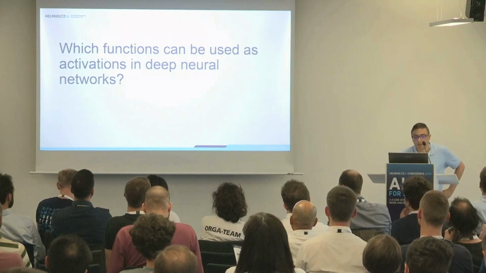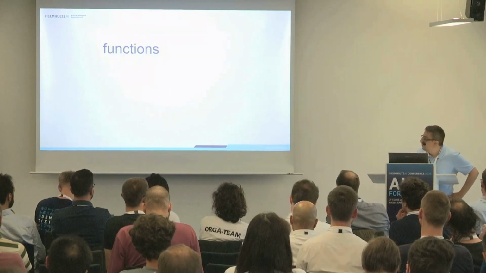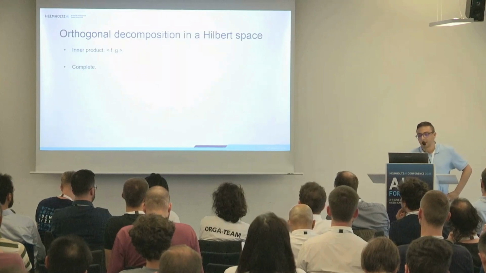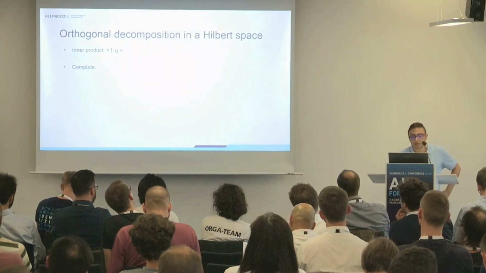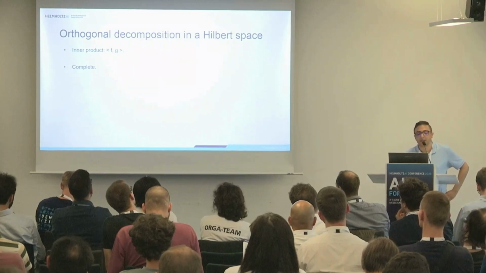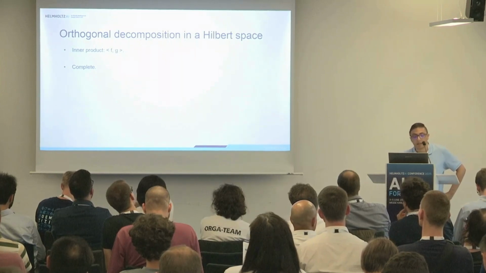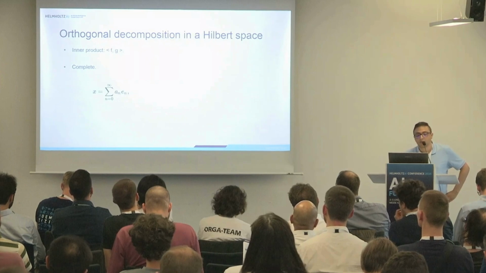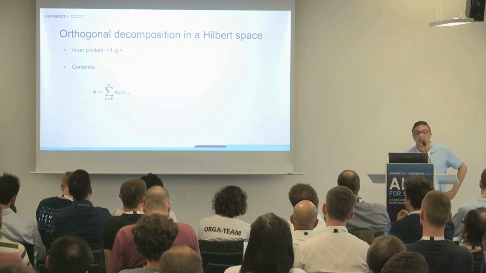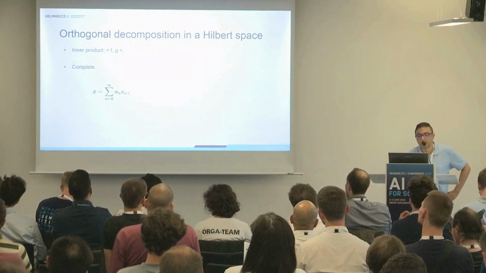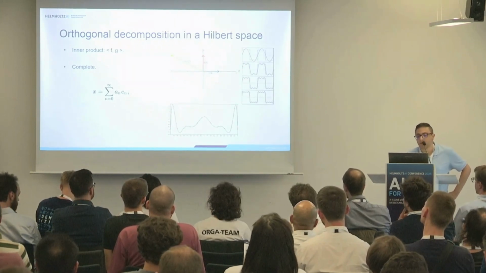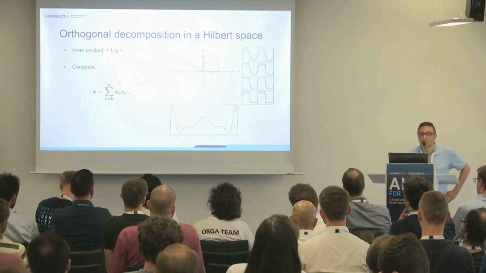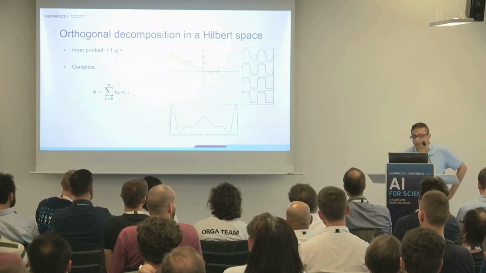In this question, we are looking for functions, and a principled way to look at functions is through the lens of Hilbert space. A Hilbert space generalizes the notion of Euclidean space. You need an inner product, which is complete. For example, the Euclidean spaces R2 or R3 are special cases of Hilbert space.